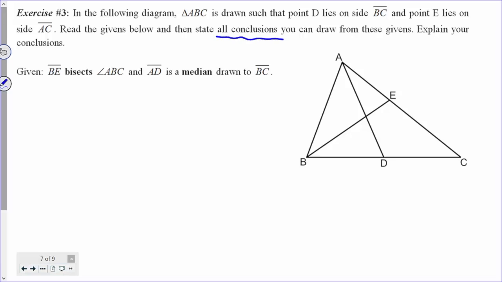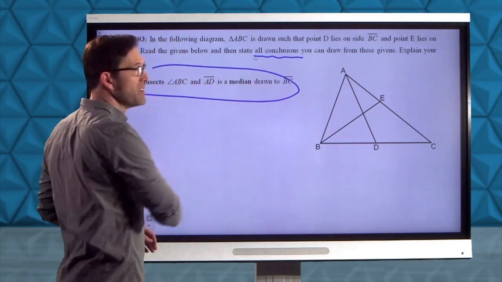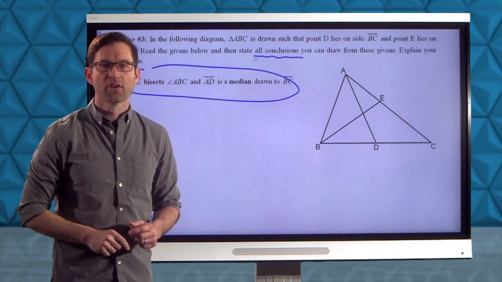All right, so here are the givens. This is what we are told about this diagram. BE bisects angle ABC, and AD is a median drawn to BC. All right, I'd like you to take a few moments and write down everything that you can figure out just based on this information. Go ahead.